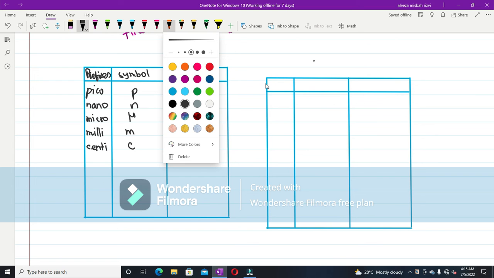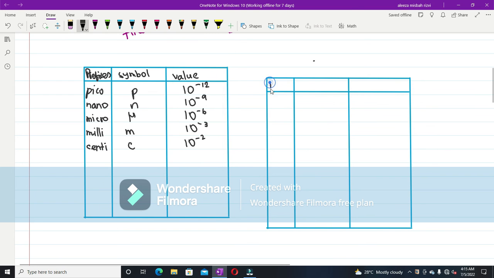So again I will mark here prefixes, symbol, and the value. Here I will be starting from the smallest again.